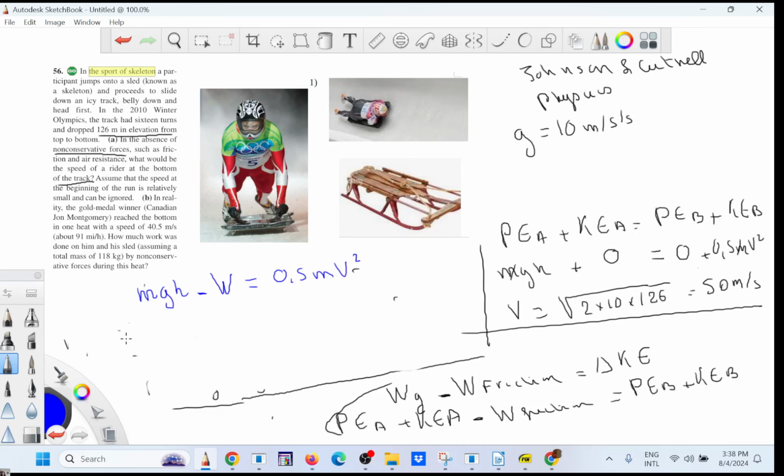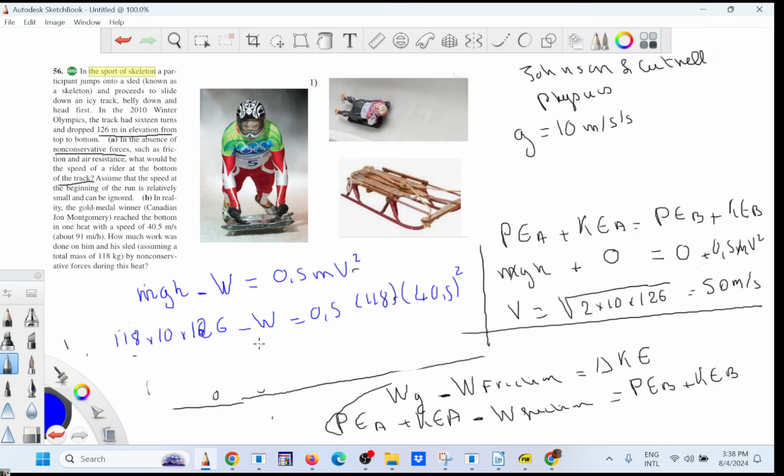So the mass is 118 times 10 times 126 minus the work done by non-conservative forces equals 0.5 times 118, that will be the mass, times the speed, which is given.